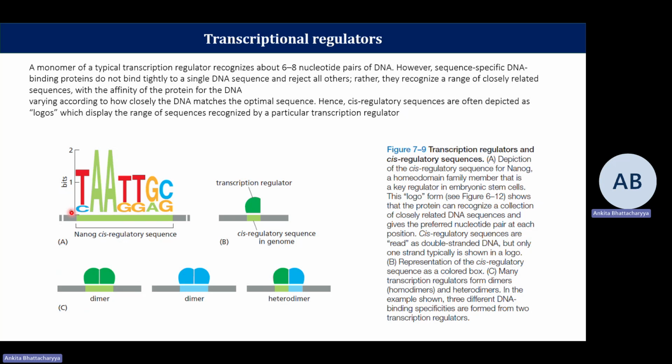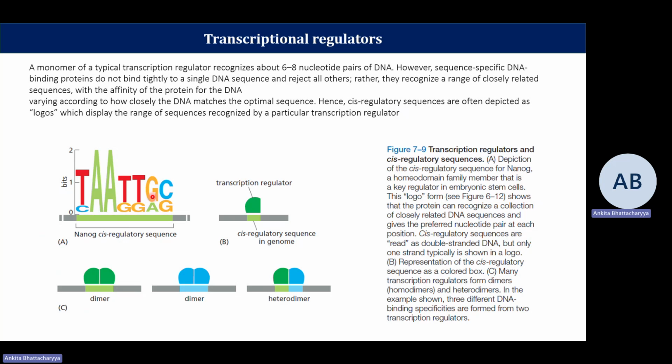Secondly, the optimal sequence for DNA binding is not usually the exact same sequence in all places. Usually, what you'll see, for example, if you look at this sequence, which has been derived from JASPAR. In JASPAR, you will find a database of protein recognition motifs for any protein of your interest.